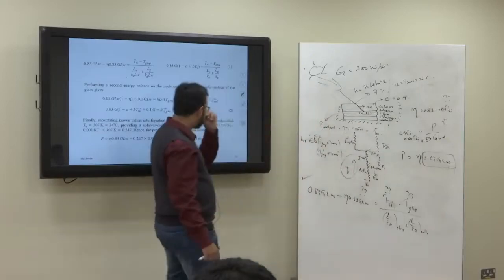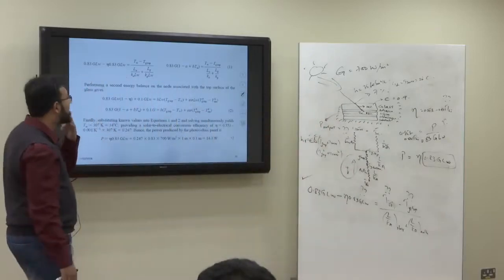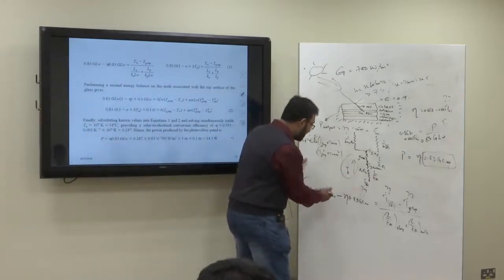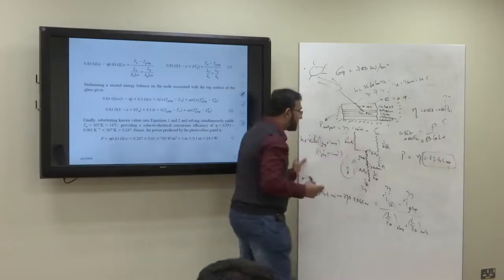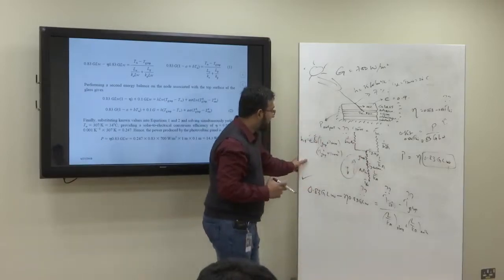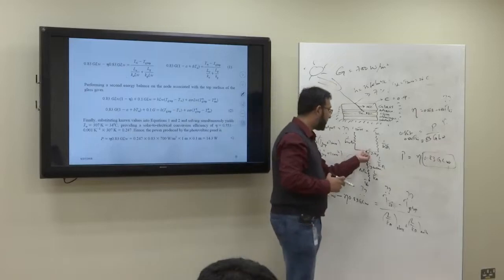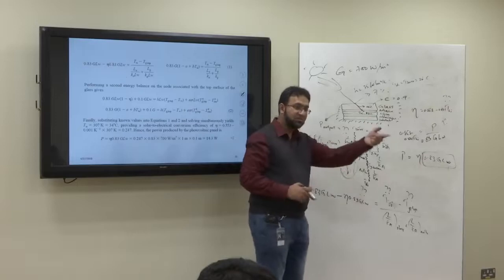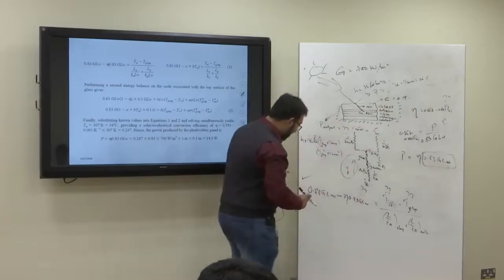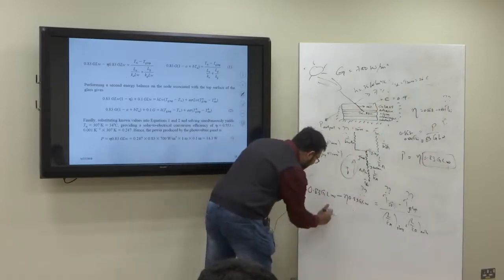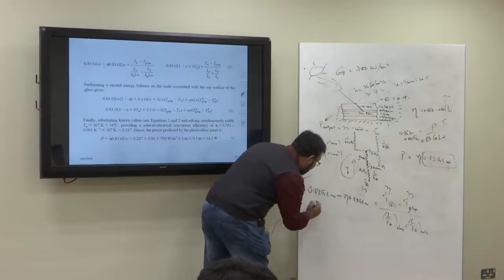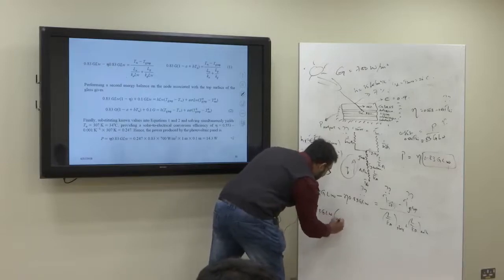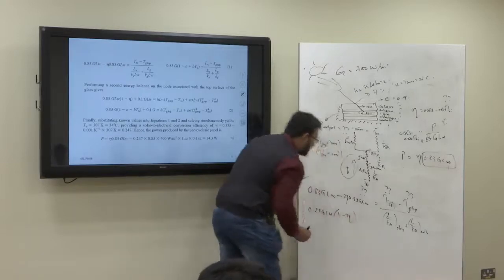If we consider between TG top and up, we have heat flowing. Now how much will the heat flowing be? It will be whatever was coming from the silicon chip plus the 10%. Whatever is coming from the silicon chip, I can write as 0.83 GLW into 1 minus eta.